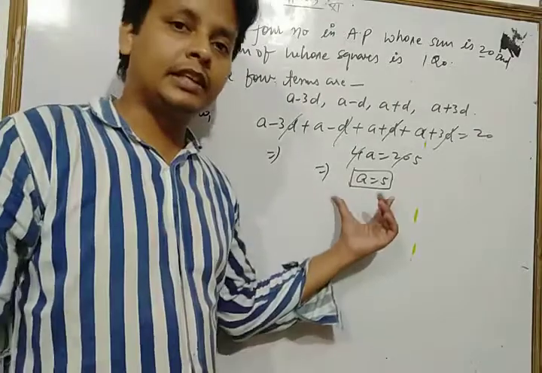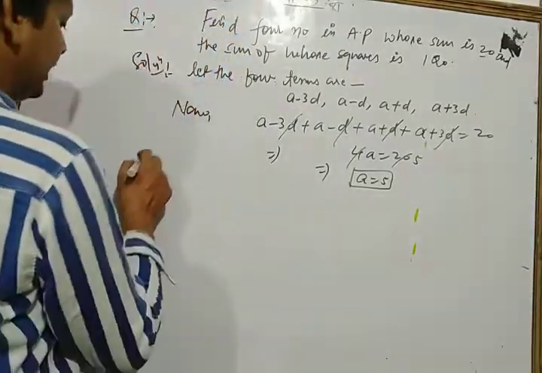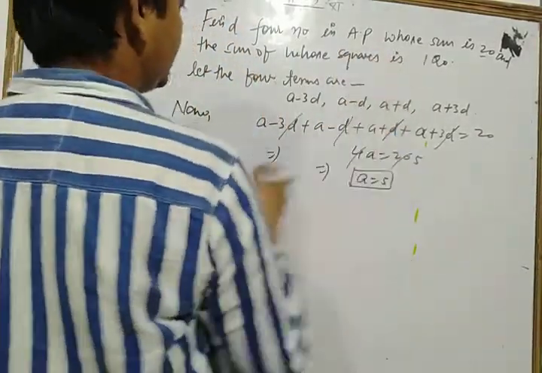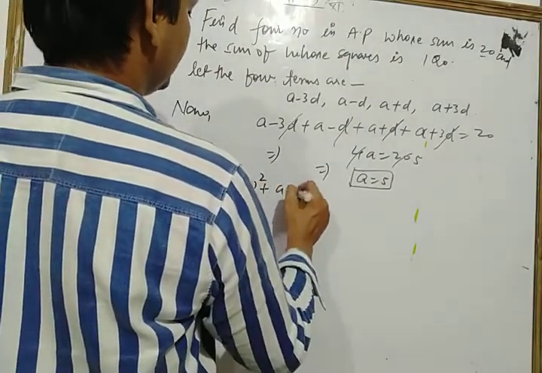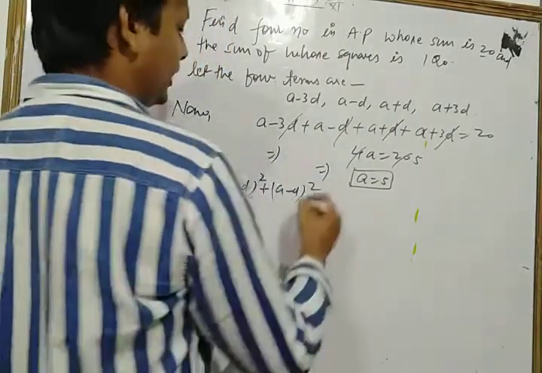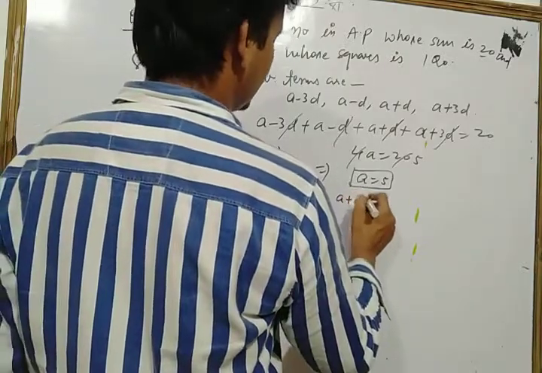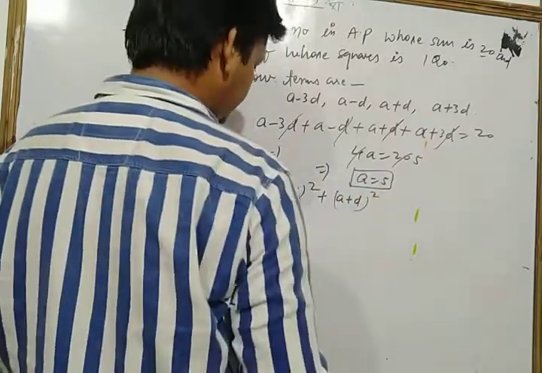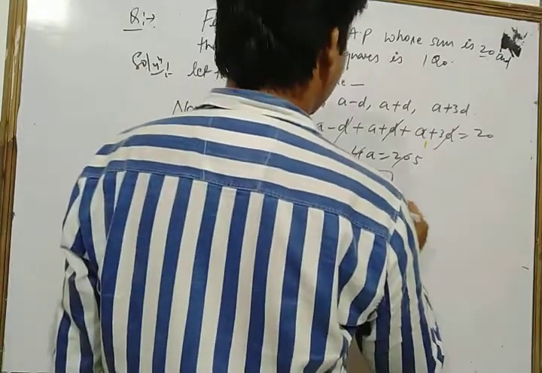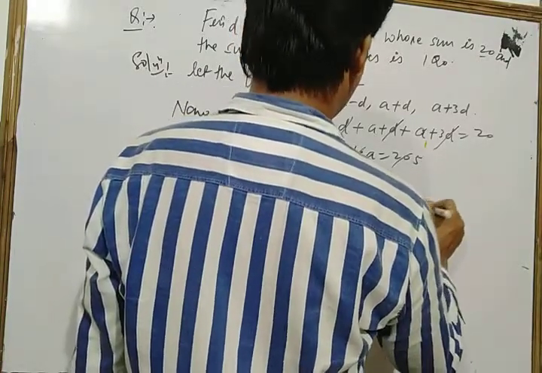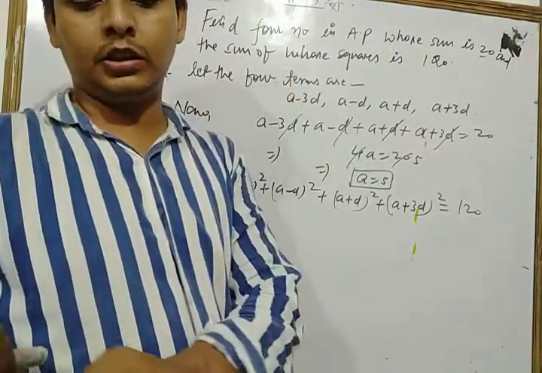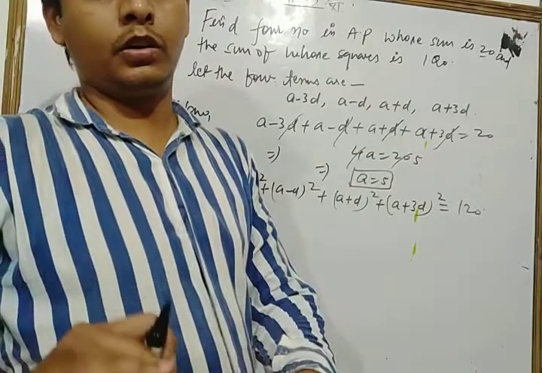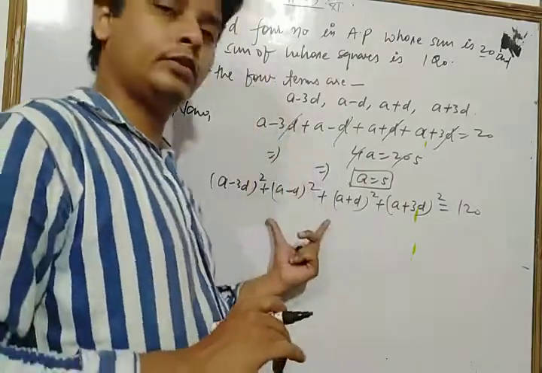Now we apply the second condition of the question: the sum of whose squares is 120. That means (a minus 3d) whole squared plus (a minus d) whole squared plus (a plus d) whole squared plus (a plus 3d) whole squared is equal to 120. This is the other condition. Now dear students, we solve it.